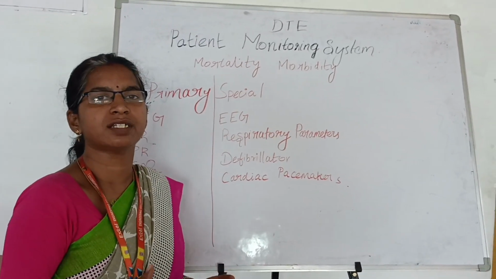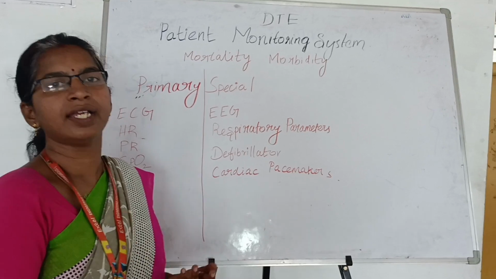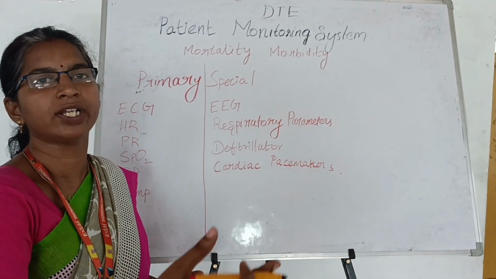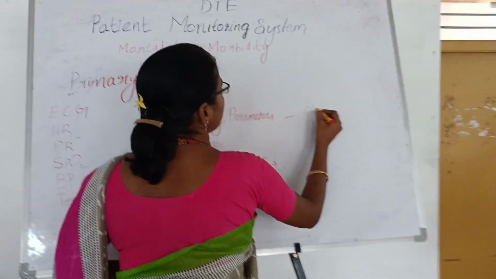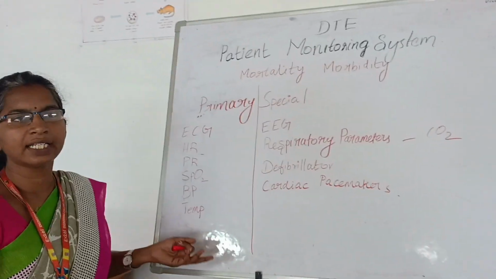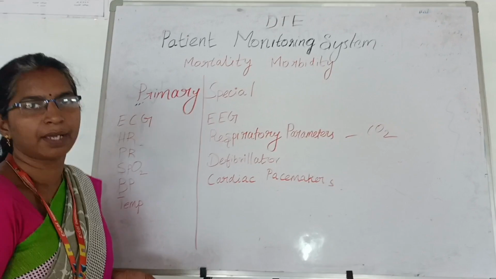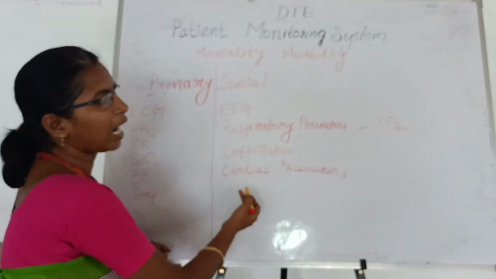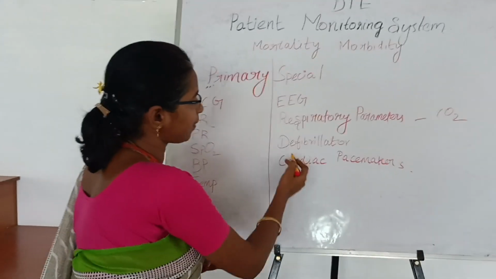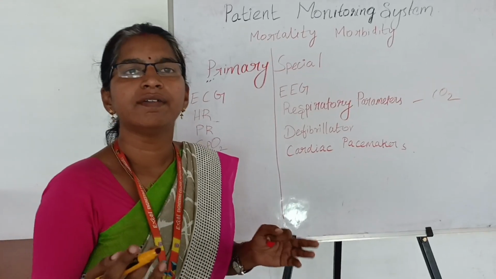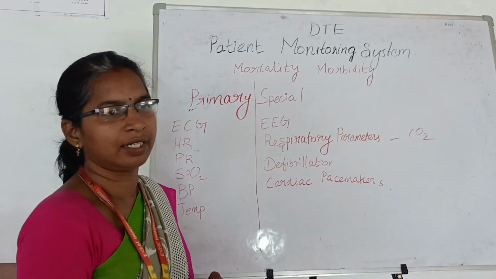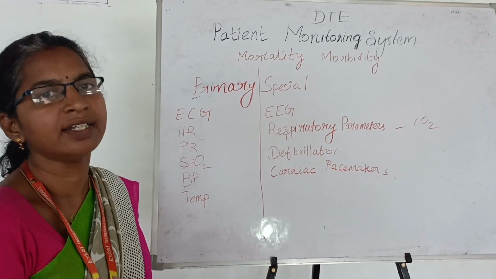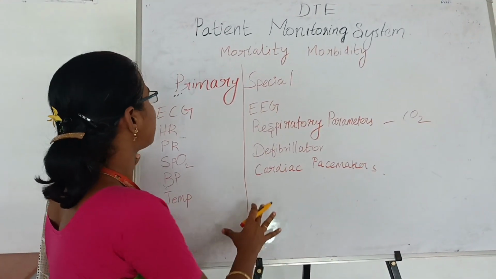Respiratory parameters means using capnography monitors, when we monitor the exhaled CO2 level, that will be one thing. Then defibrillators and cardiac pacemakers may be used in the case of patients who have heart related issues. So these are all the primary cases.